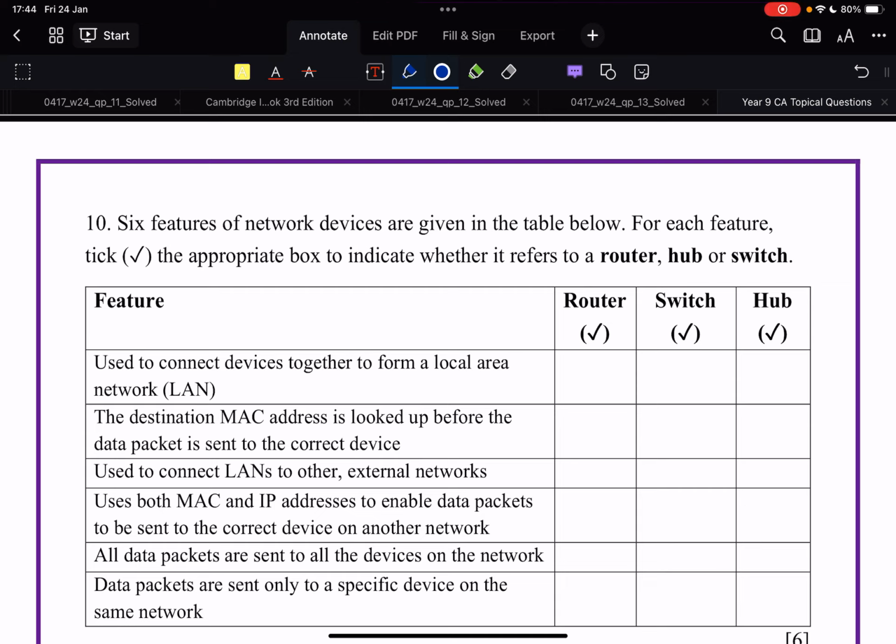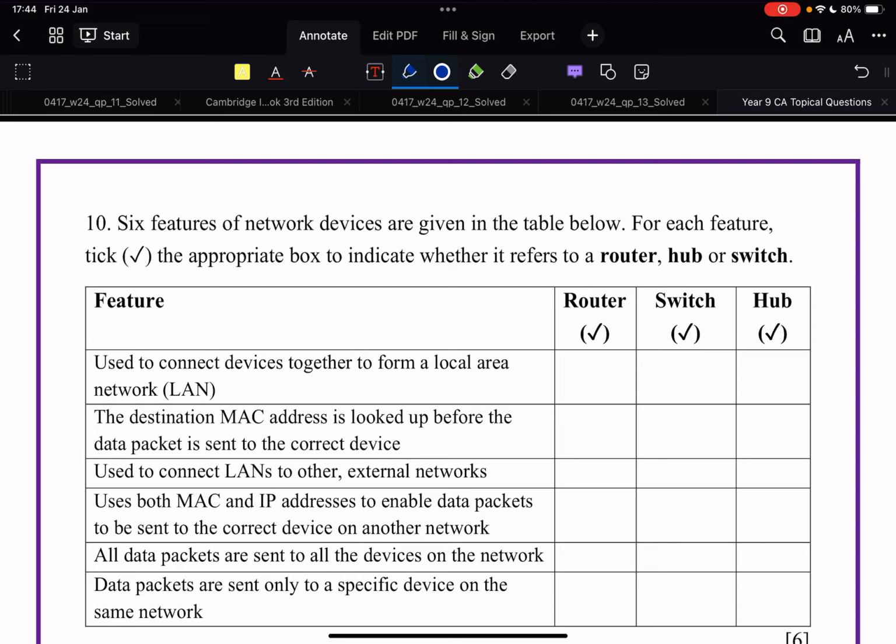Each router has its own IP address, and routers are used to join a LAN, which is formed by the hub and switch, to the internet. Make sense? So you have your computers connected to the hub or switch, then from your hub or switch connected to the router, and from the router to the internet. Okay, so let's look at this.